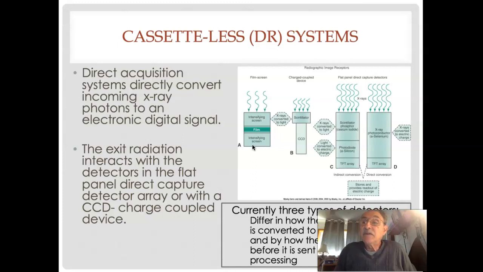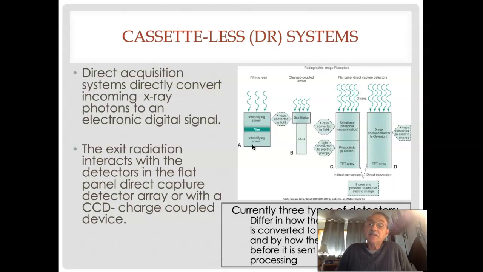And then moving on to the last part of this illustration, flat panel direct capture. Well, we have the scintillator phosphor. In indirect, we have something called cesium iodide. Cesium iodide is considered a light capturing device.